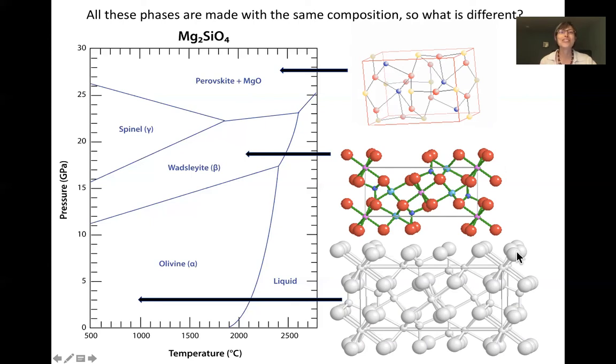Remember, which is going to be the biggest element here? Magnesium, silicon? Hopefully you chose oxygen. These anions are the larger balls in the diagram. And then we're going to have silicon and magnesium taking turns in these other locations.